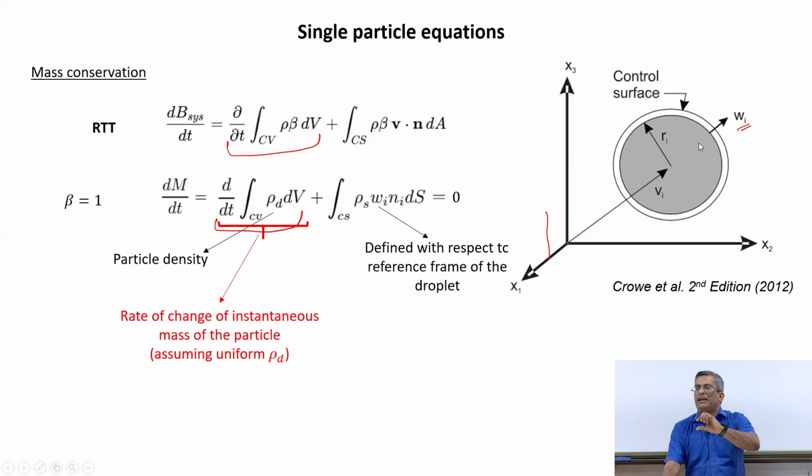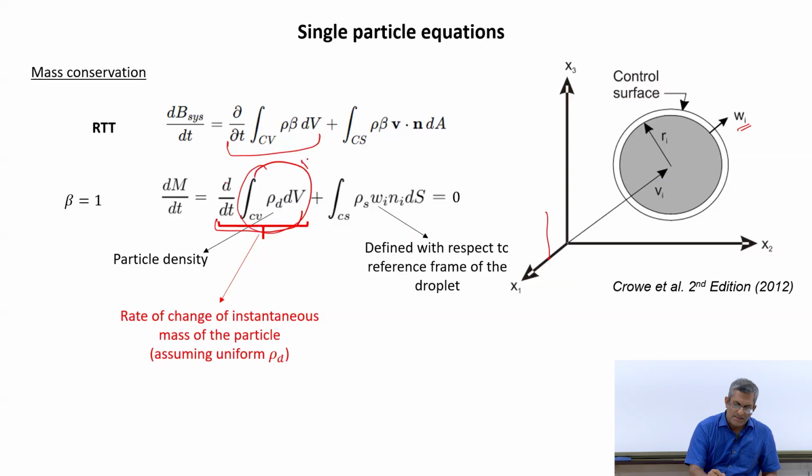So, if you simply integrate, you can take the density term outside and you integrate, what you get is the volume. Density times volume is mass. What is that mass? This is the instantaneous mass. So, simply this is equal to dm by dt, or rate of change of mass.